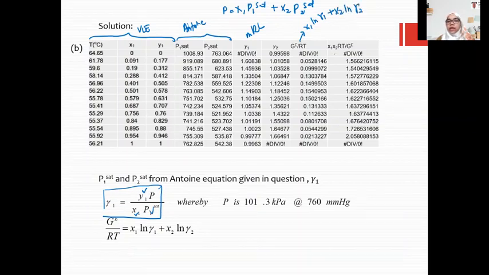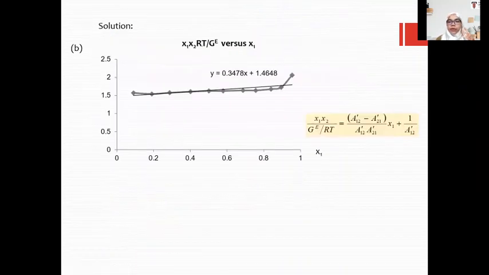Another expression you can also obtain from the linear expression that we derived previously in A. When plotting x1 x2 over GE over RT versus x1, we get a linear slope, so you can obtain the values of A'12 and A'21 from this linear equation y equal to mx plus c.